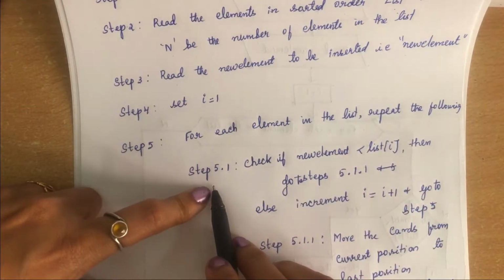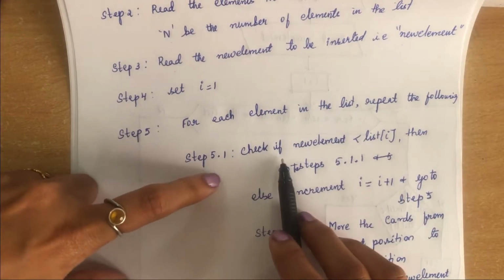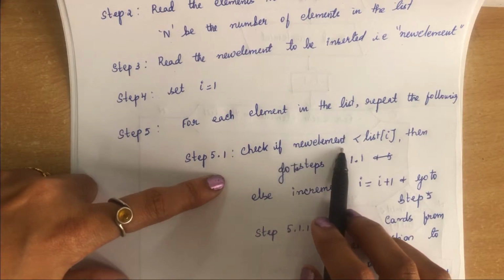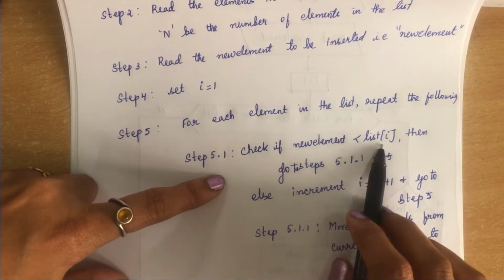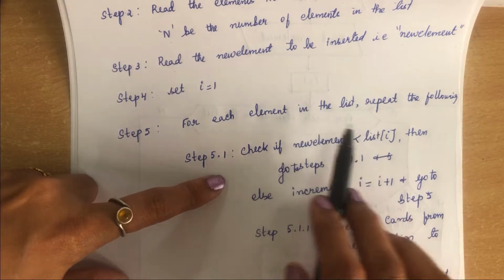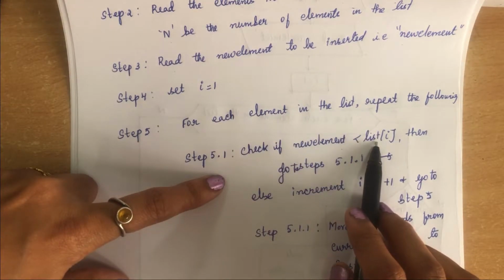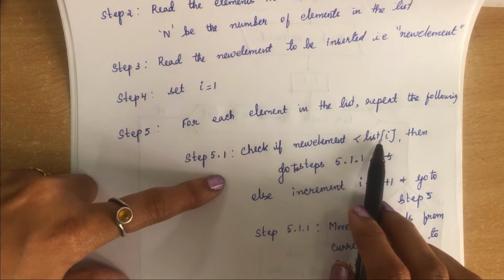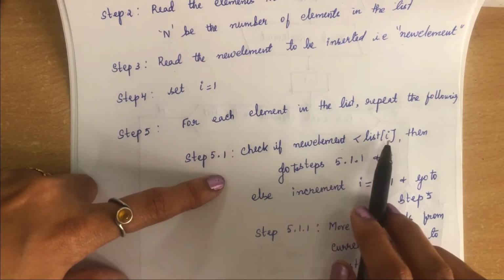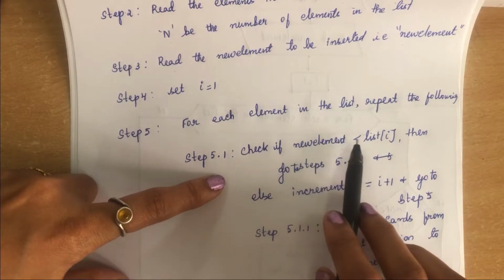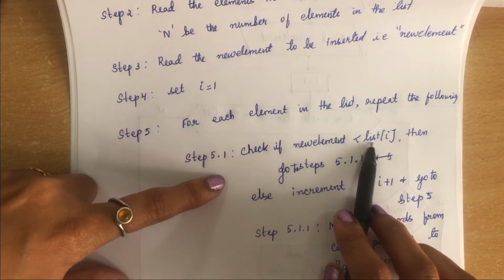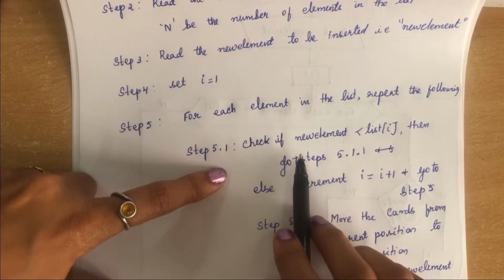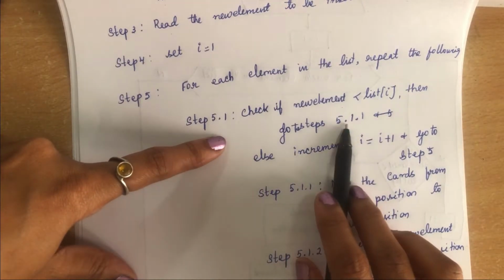In step 5.1, I check if the new element is lesser than the elements in the list. When it compares, if the new element is lesser, then the control goes to step 5.1.1.